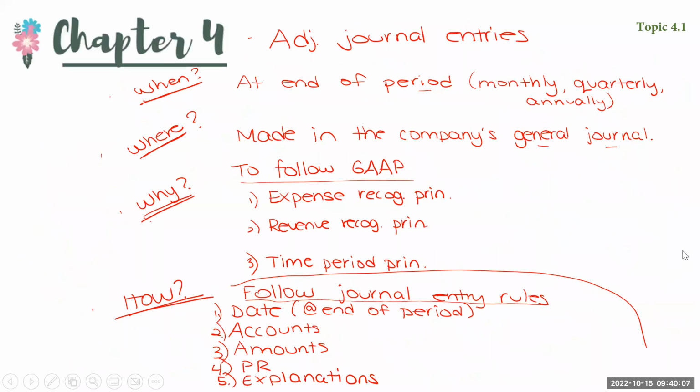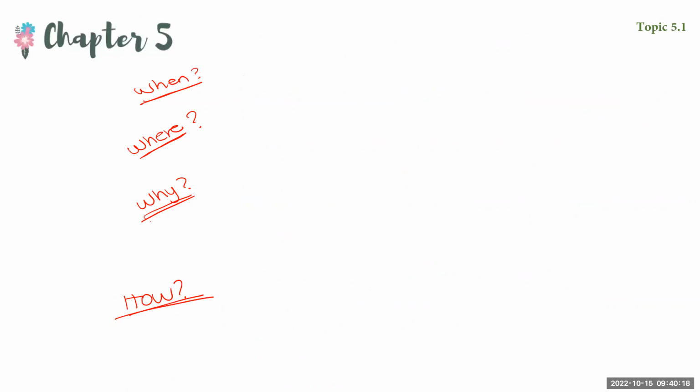Just like we did in chapter 4, we talked about the when, the where, the why, the how for those journal entries. I'd like to do the same thing for chapter 5's closing entries. So let's start with the when. When are these closing entries prepared? They're prepared at year end, so not month end, not quarter end, but at year end, after financial statements have been prepared.